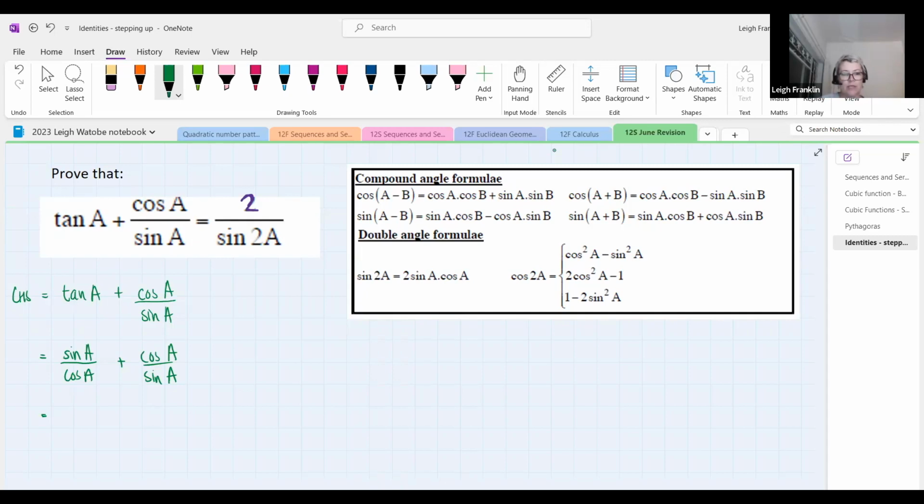Can anybody tell us what is the next step? That's it. Well done. Yes, Lucidi. Yes, Keithlin. You've got to find an LCD. Beautiful. Okay, so in this case, we would have to multiply sine A and cos A together to get our LCD. Okay, so our LCD is going to be cos A sine A or sine A cos A.